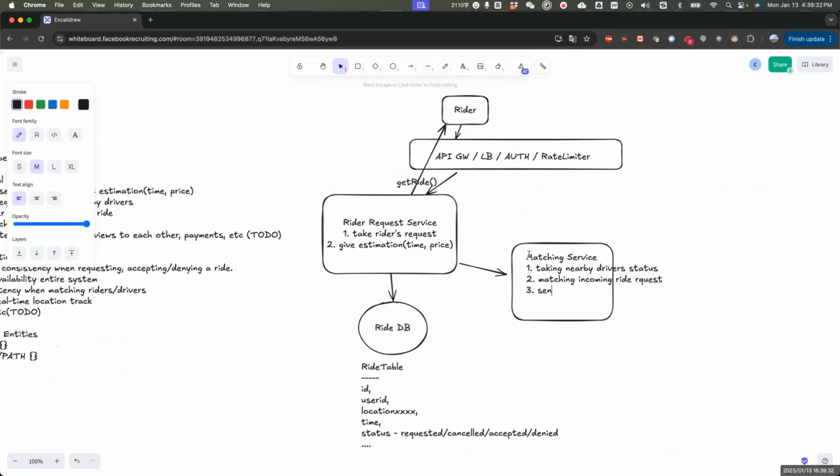The third thing is to send a notification to the rider, and to the matching driver.